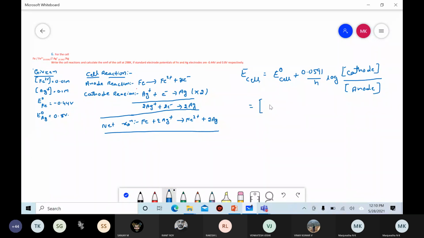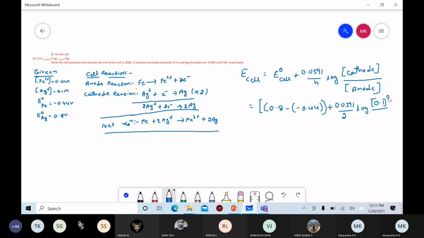E naught cell is E naught cathode minus E naught anode. Here the E naught cathode value is 0.8 minus the E naught anode, which is minus 0.44, close the bracket, plus 0.0591 divided by 2, n is 2, log of the concentration of cathode species, that is given in the numerical as 0.1 whole square.